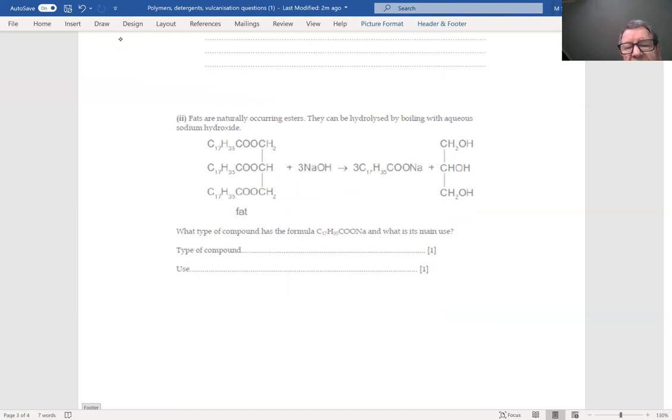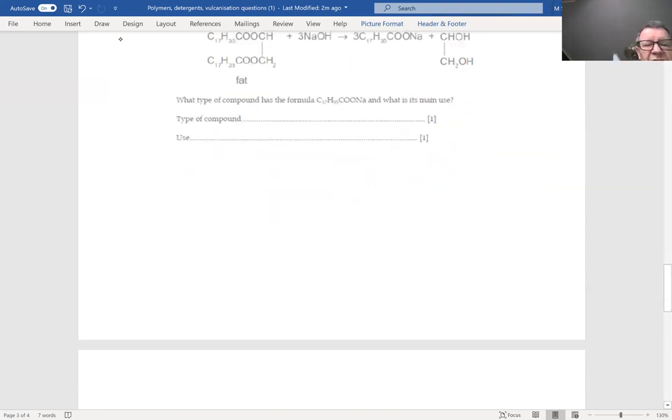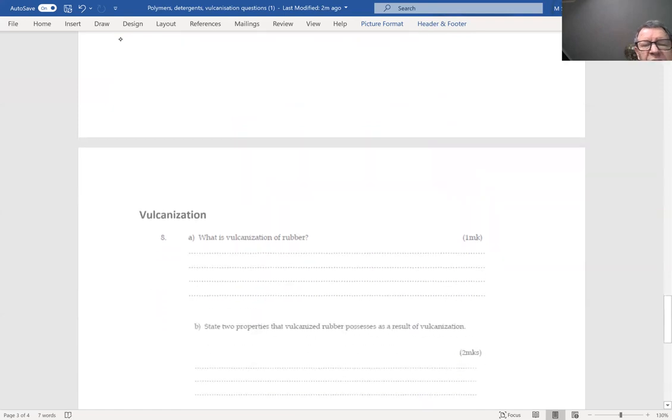What type of compound has this formula? This is the sodium salt of a fatty acid. We call them fatty acids. The sodium salt of a fatty acid, and its use is soap. If you wanted, you could say cleaning, because that would be absolutely fine.